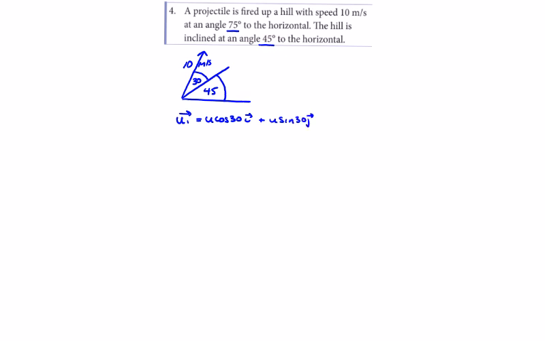Cos of 30 is root 3 over 2, so we're going to have root 3 U over 2 in the I direction, and the sine of 30 is a half, so U over 2 in the J direction for my initial vector. So giving the 10 for U, we're going to get 10 root 3 over 2, so it's going to become 5 root 3 plus just 10 over 2, 5 in the J.